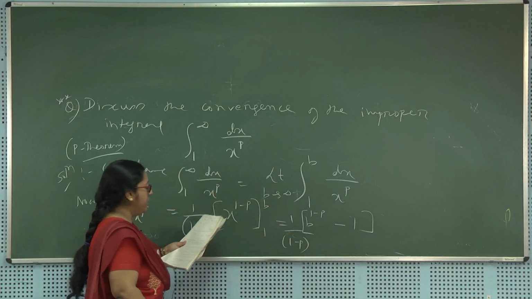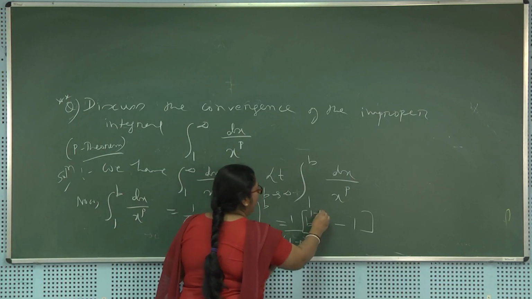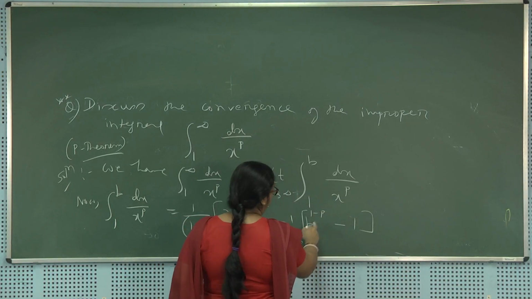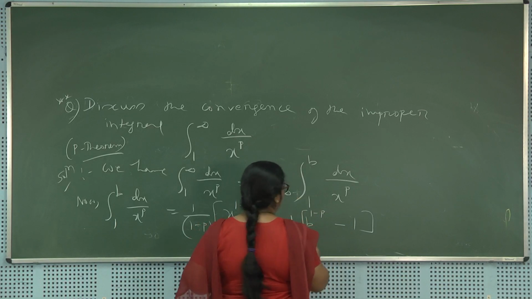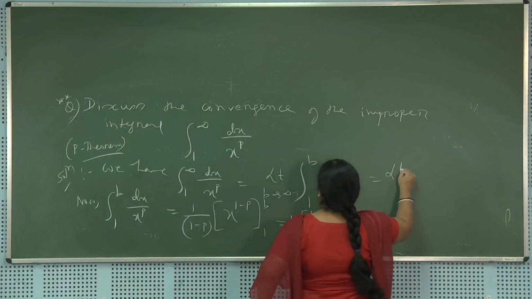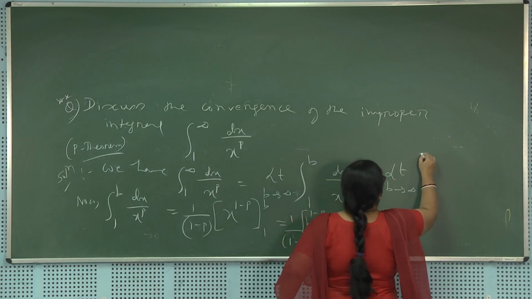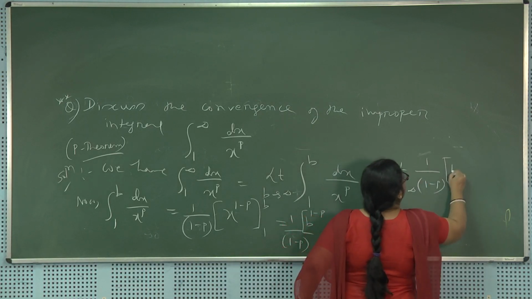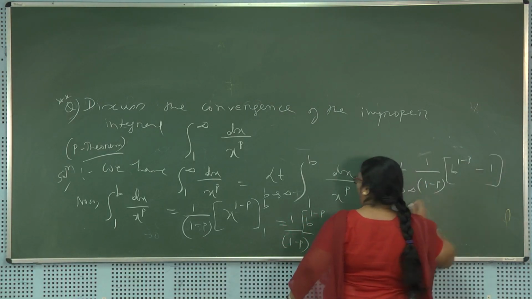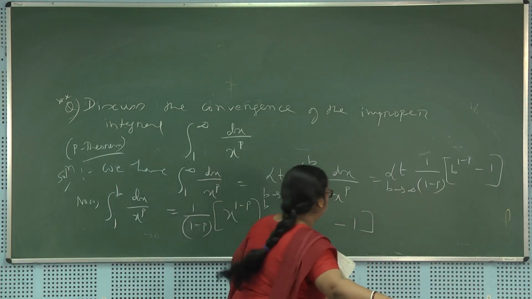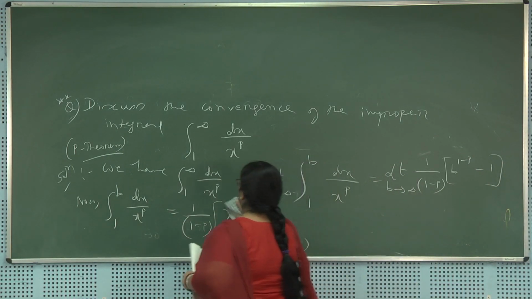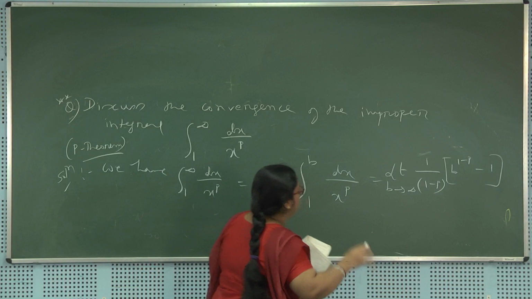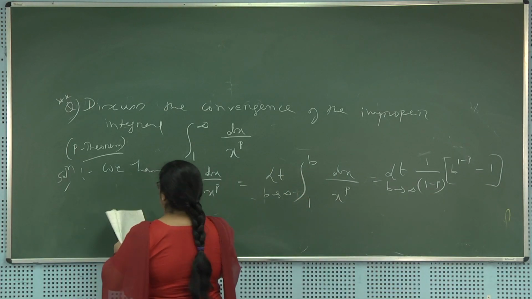Now, the following cases may appear. You can observe, if p is greater than 1, then what will happen? If you put the limit b tends to infinity, we get 1 upon 1 minus p into b to the power 1 minus p minus 1. Now if I just put the limit, the following cases can arise.